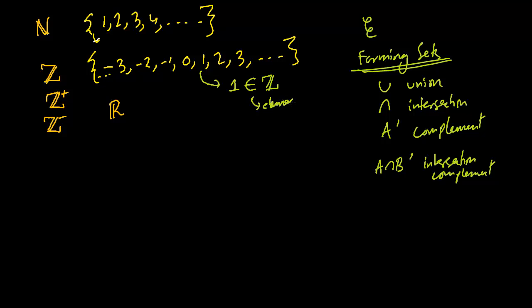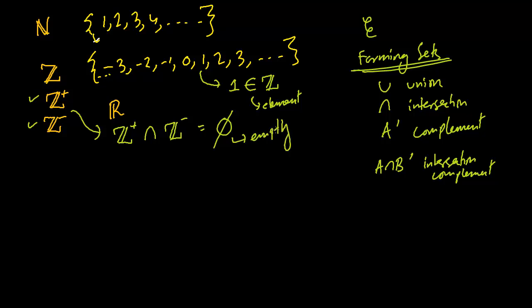Now if you take the set of positive integers and the set of negative integers, there is no number common that is both positive and negative. So the intersection of positive integers and negative integers would be the empty set. So we write it as an empty set.